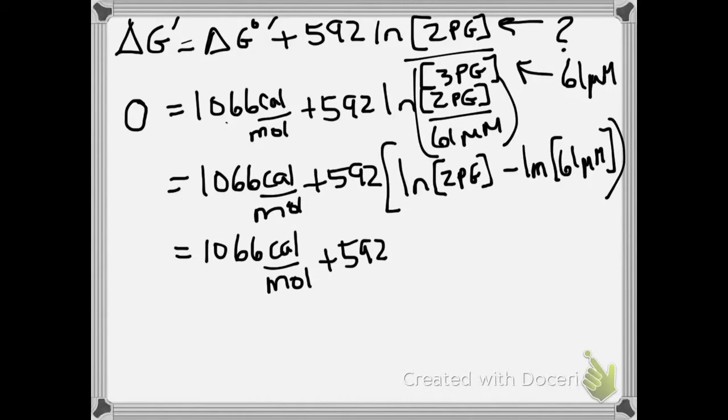Then this breaks down and we can do a little bit of math here. The natural log of 61 micromolar is going to be 4.11. We can start solving here, so we're going to subtract.